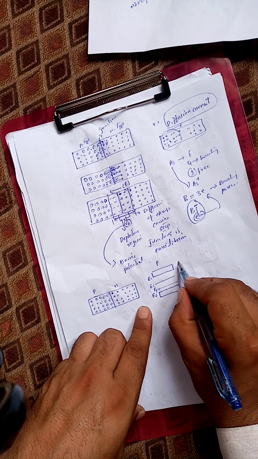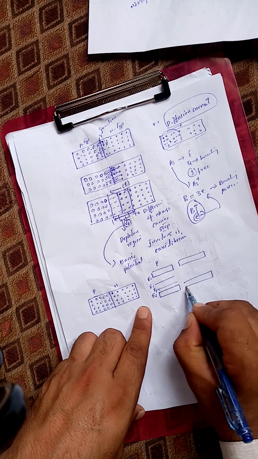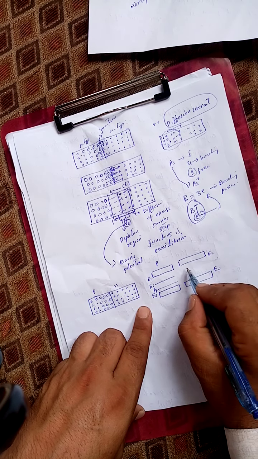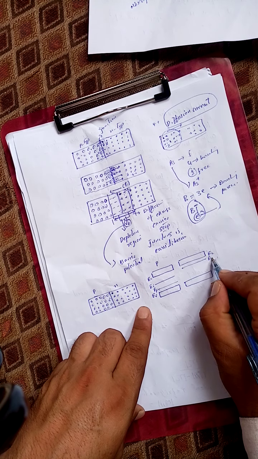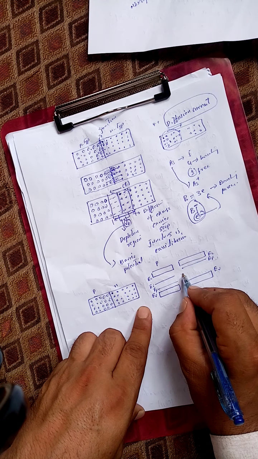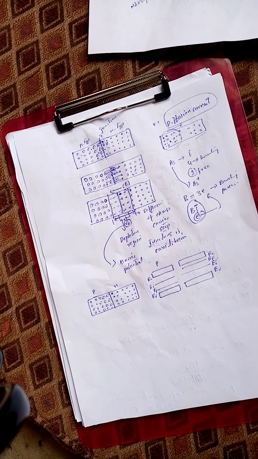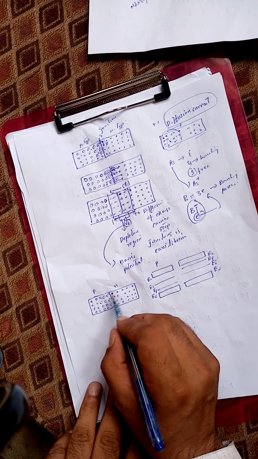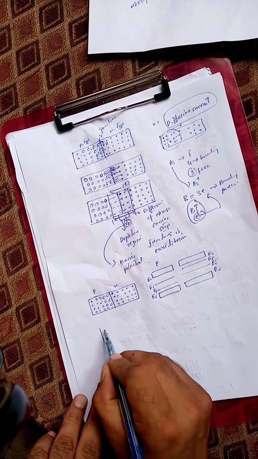Now we have the other side. Here we have EV, here we have EC. In one type the Fermi energy is close to the conduction band, so here we have EF, and the intrinsic Fermi energy is at the middle of EC and EV. Now once electrons move from the N region to the P region and holes move from the P region to the N region, we have this situation.